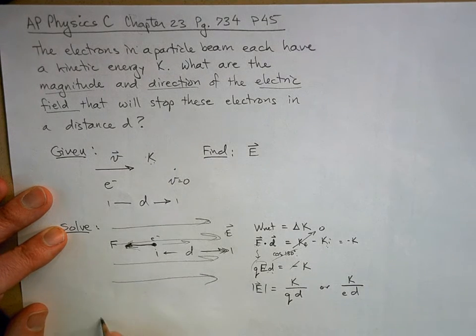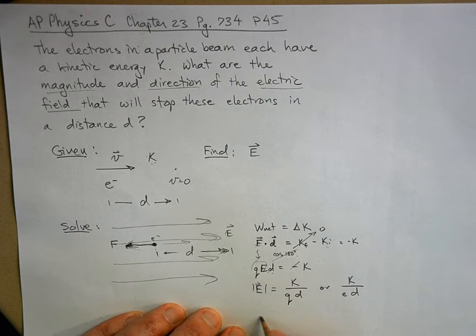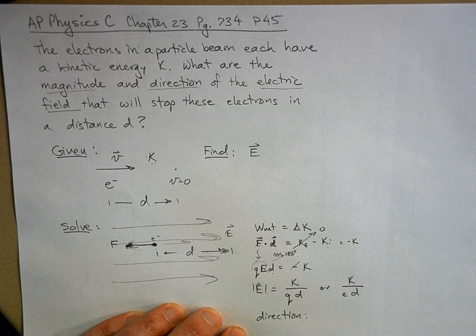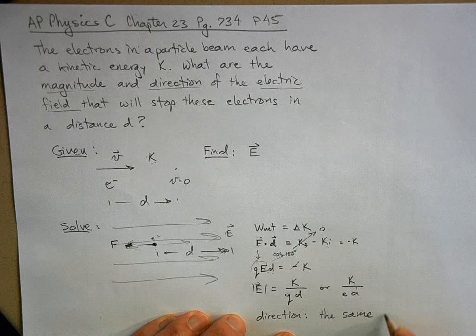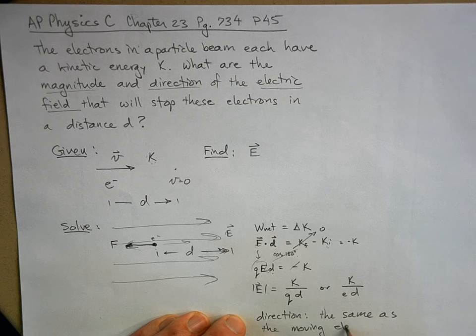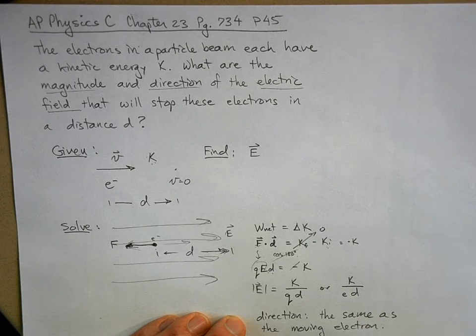So for the direction, we would say it's the same as the moving electron, or the same as the initial velocity of the electrons.